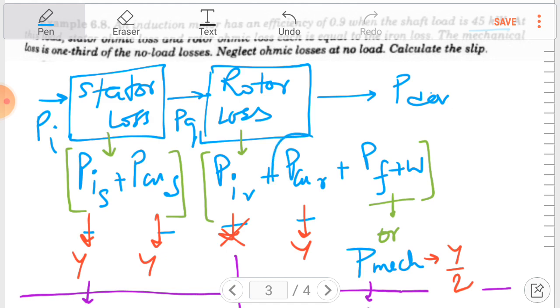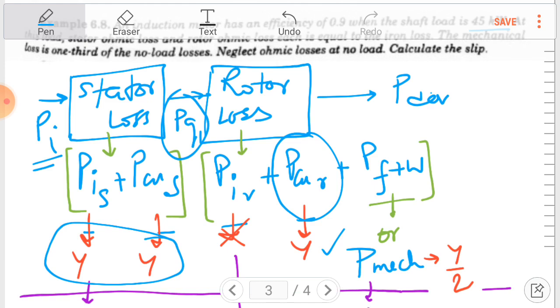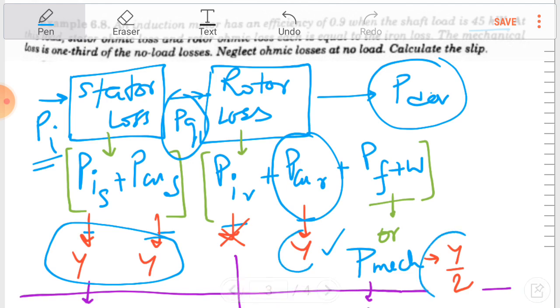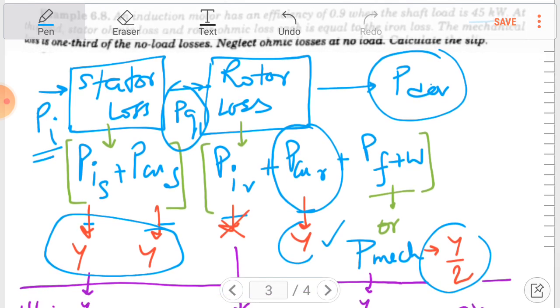So copper loss at rotor side is equal to y, and air gap power we can find using the formula: total input power minus 2y, which are the stator losses, or from the output side, developed or output power plus y and y by 2, that is 1.5y or 3 by 2 y. So we can add this loss to output power, or subtract these losses from input power, to get the air gap power.